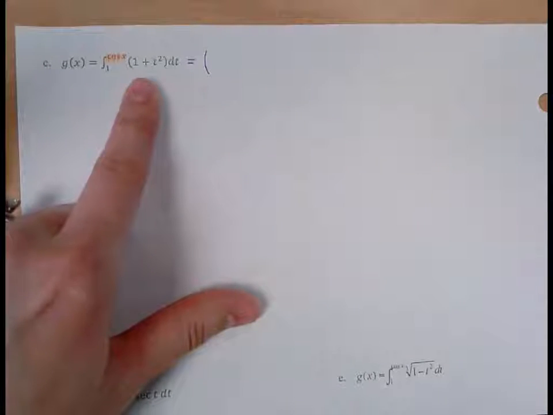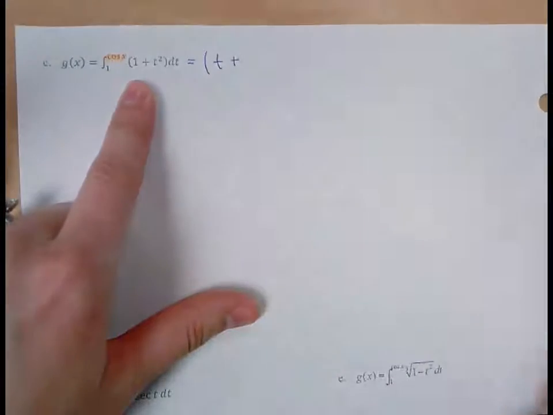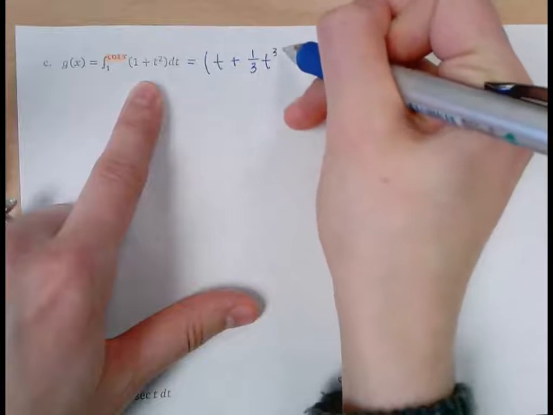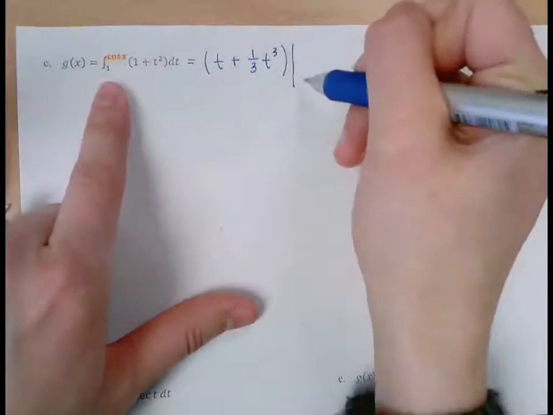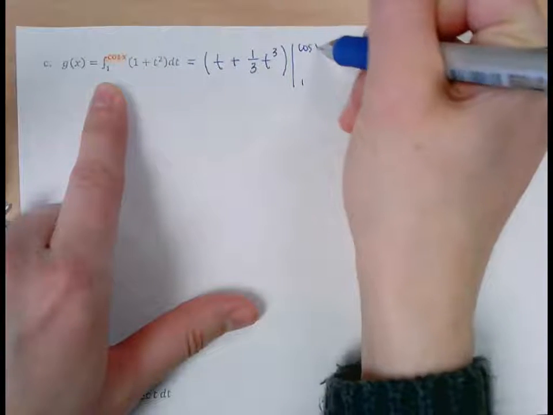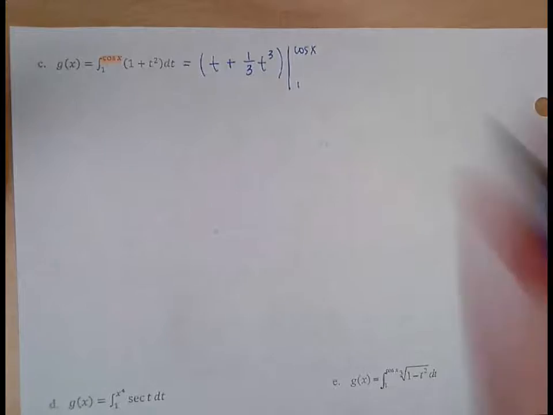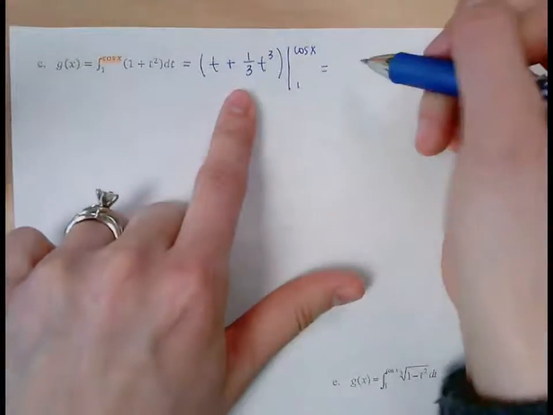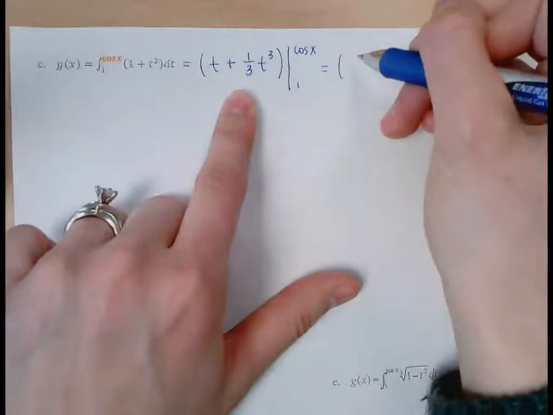What is the antiderivative of 1 plus t squared? Evaluate it from 1 to cosine of x. If I plug in cosine of x, I'm going to write this as two separate quantities.